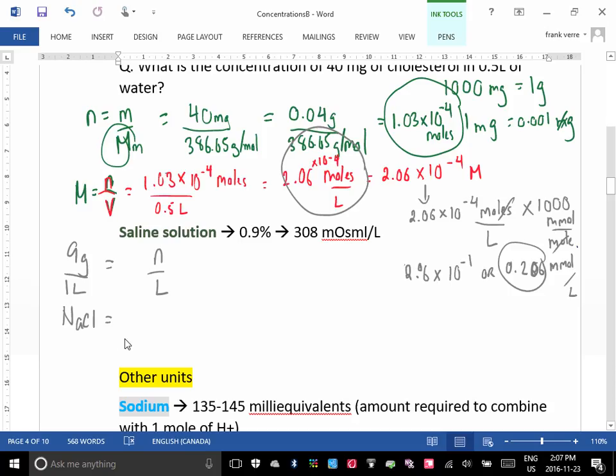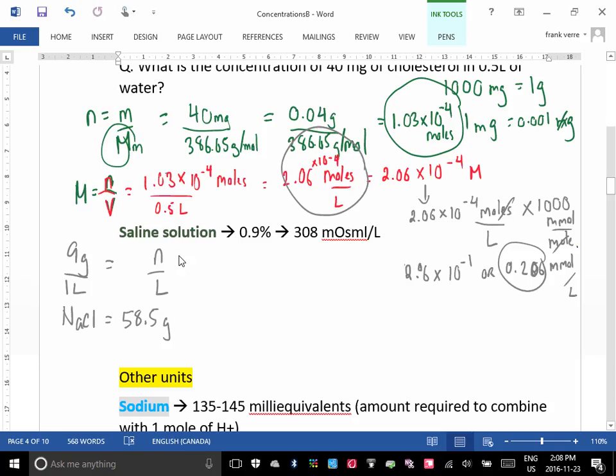Sodium's 23 and chlorine is 35.45. So that's about 58.5. We'll round it off. Correct?